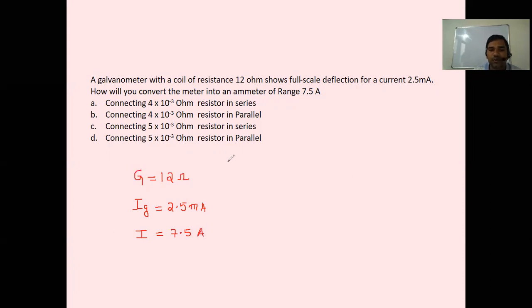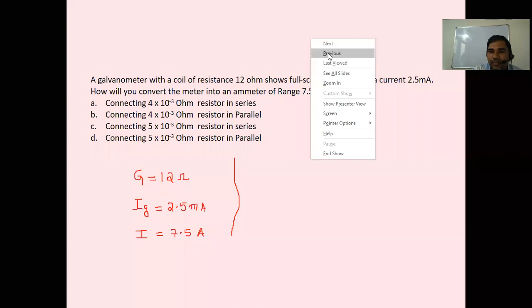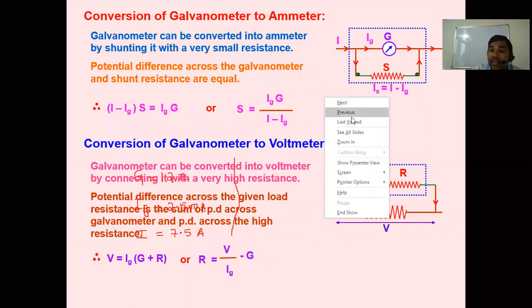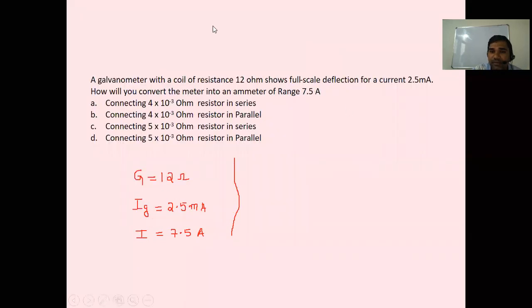We just discussed the formula. Once again, observe the formula we discussed here: S is equal to IgG by I minus Ig.